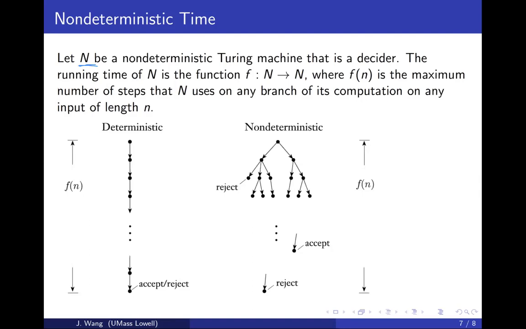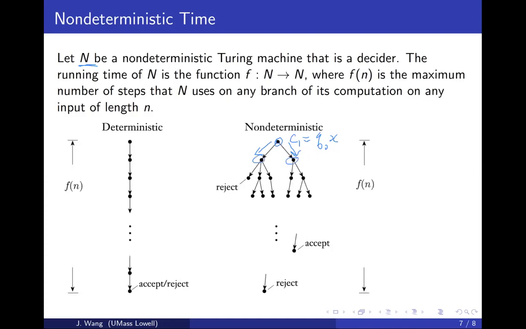Then how do we define its computation time? What we do now is non-deterministic. From the initial configuration, usually this first configuration is q0 x, which is your input string, and q0 is your start state. Then let's say you have two possible choices to go to the next state, and either change the symbol and either move left or move right. Likewise, from here you get three choices.